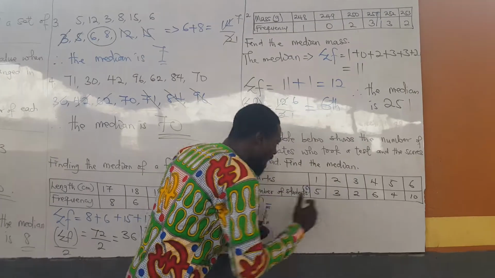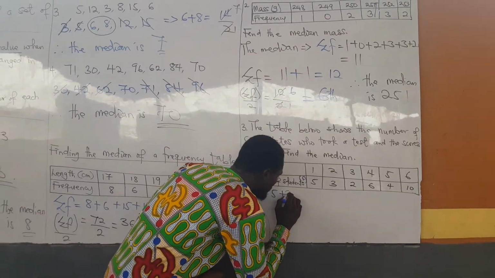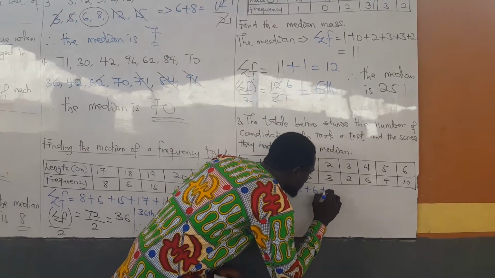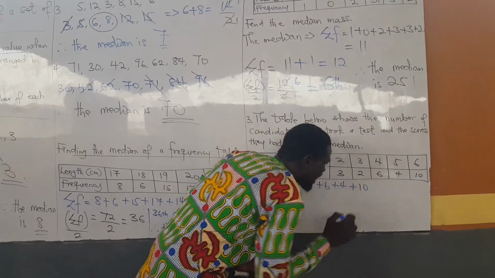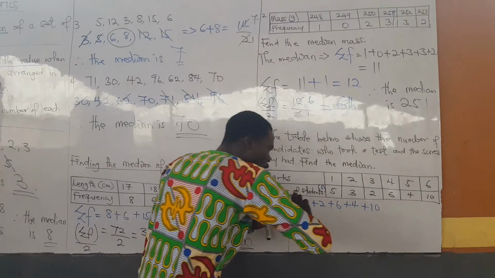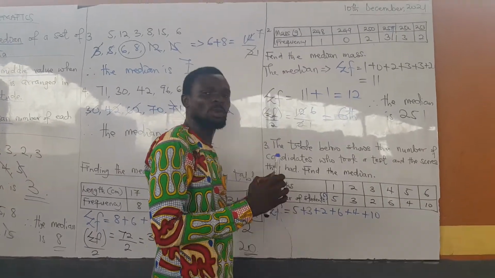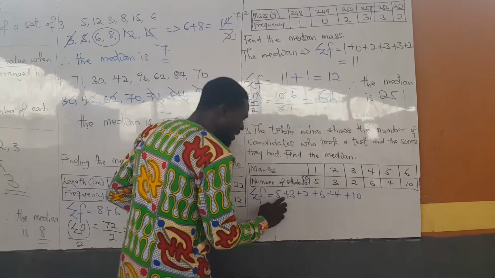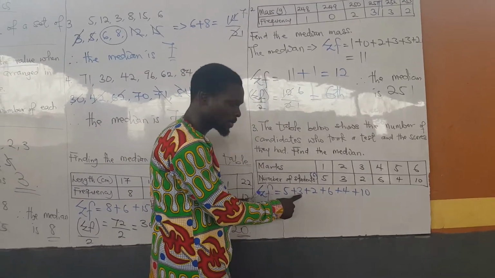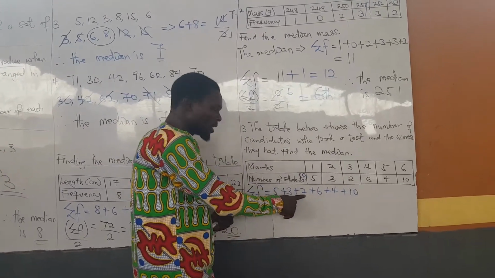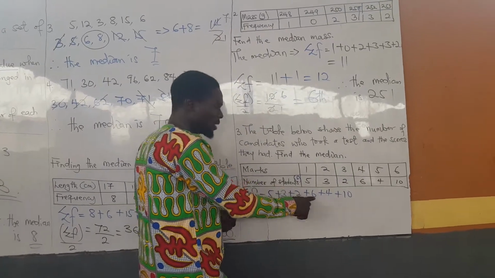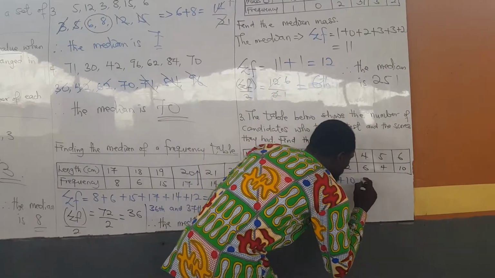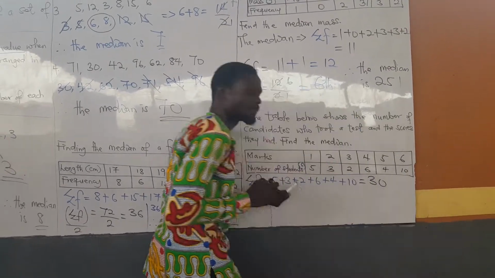So we are going to add 5 plus 3 plus 2 plus 6 plus 4 plus 10. If you put all this together, that is going to give us our sigma F. So this plus this is going to give us 8, plus this is 10, plus this is 16, plus this is 20, and plus this one is going to give us 30.